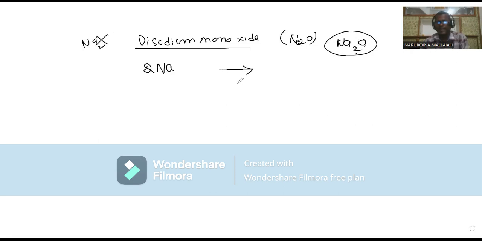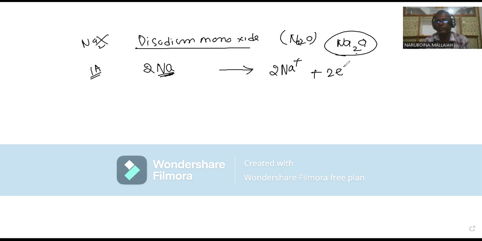Now the sodium atom has the tendency to lose electrons because sodium belongs to group 1A. So Na becomes Na plus. Here two sodium atoms, so we get 2Na plus. That means two sodium positive ions, two sodium cations, we got. So the sodium is losing 2 electrons. One sodium loses 1 electron, so two sodium lose 2 electrons.